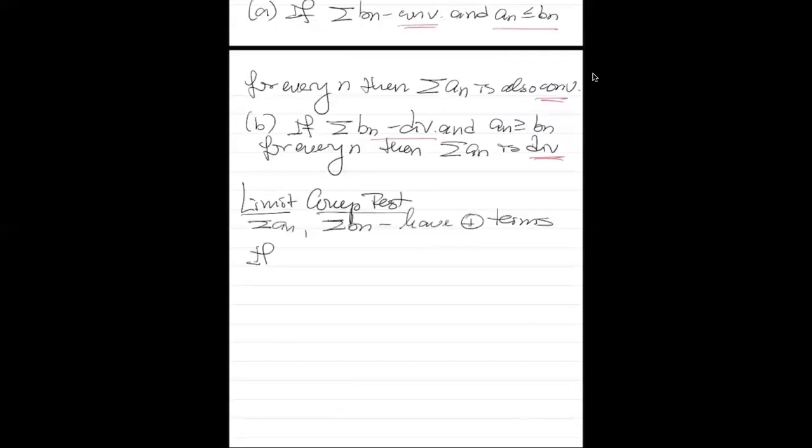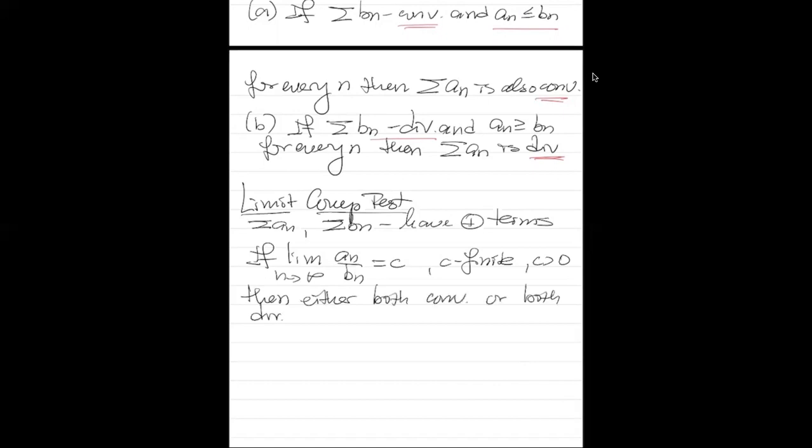If the limit of the ratio a sub n over b sub n when n goes to infinity is some number c that is finite and positive, then either both converge or both diverge.